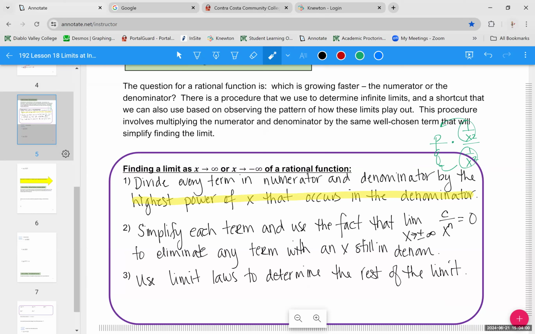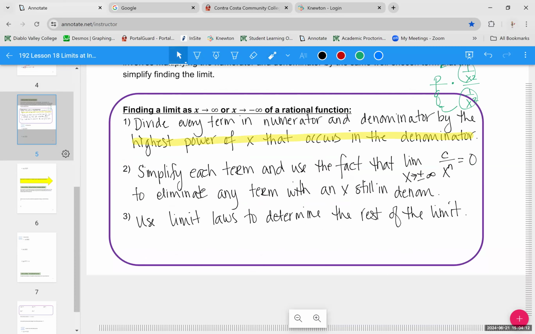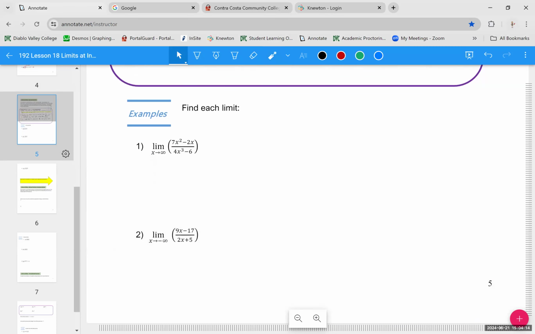But you have to make sure you're also studying and paying attention to, wait, what am I doing? When am I doing it, right? So I'm trying to find the limit as x approaches infinity or negative infinity of a rational function. So I come to this example. I have the limit as x approaches infinity, and this is a rational function. So that is the time to apply this procedure.